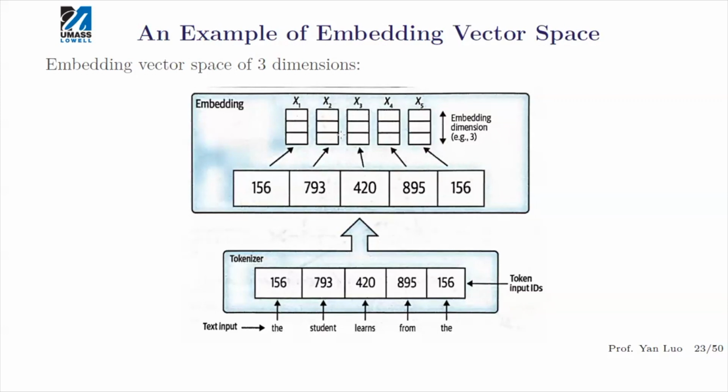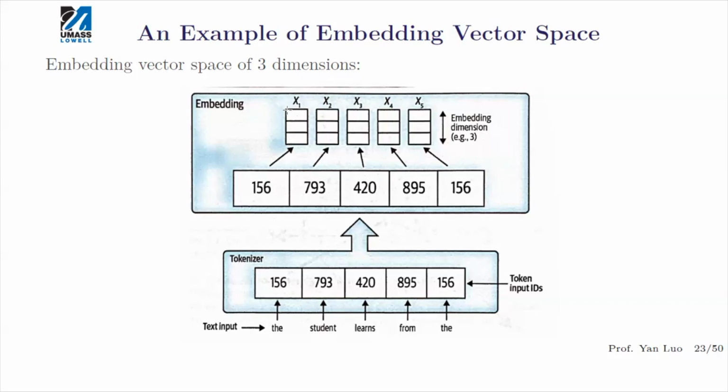Using the same 3D example, each of these tokens that you obtain from the input text, these token IDs, will be mapped to its corresponding embedding. Because we have 3 dimensions, each token ID can be mapped to a vector of length 3.